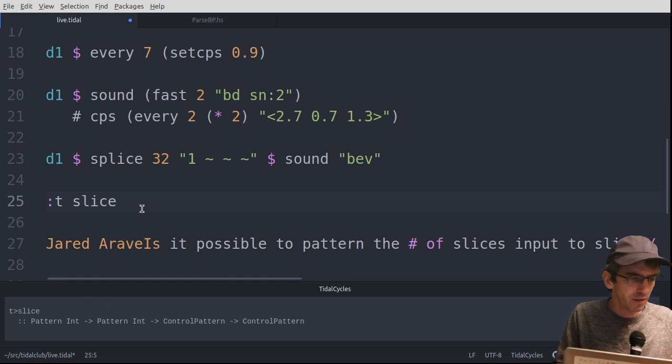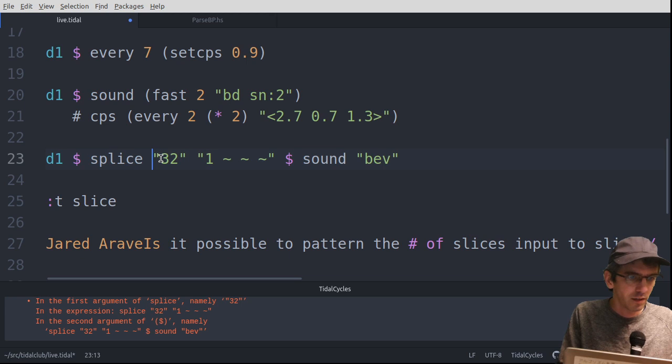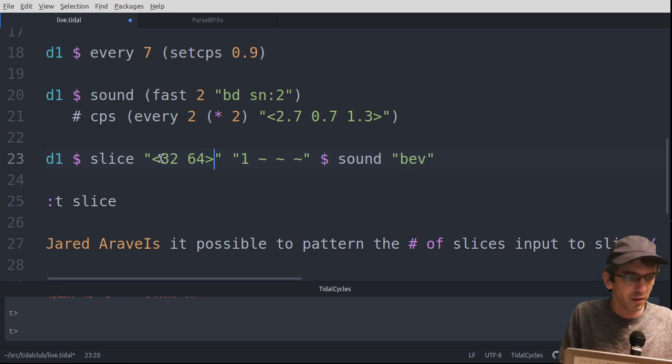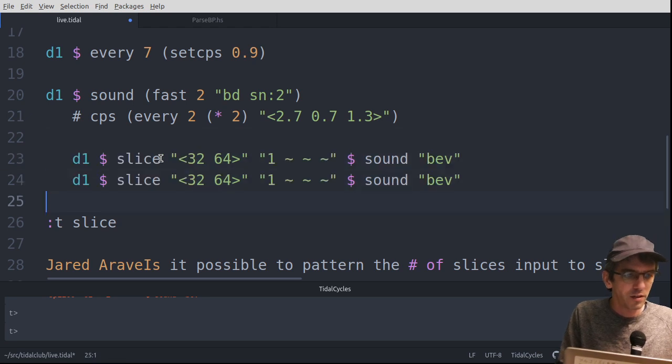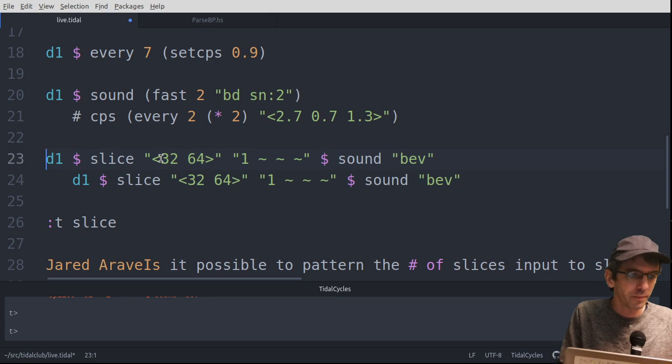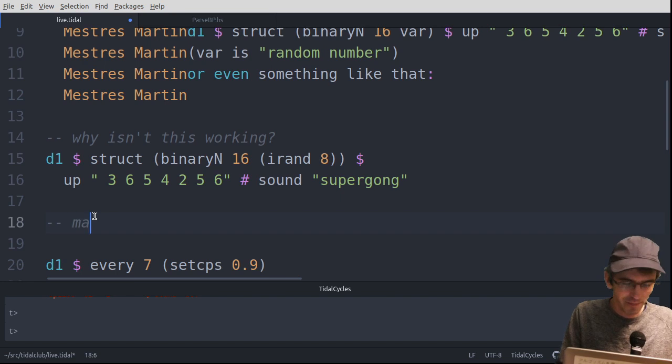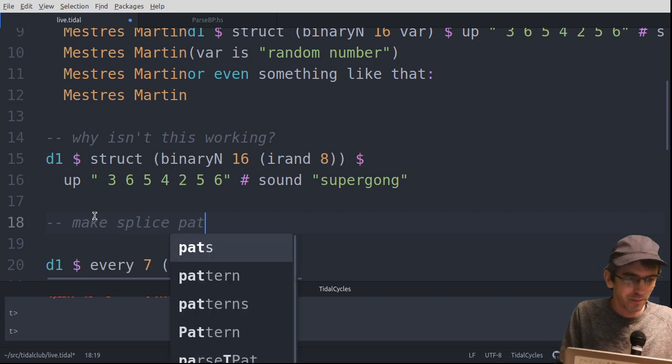Seems you can with slice, but not with splice. That's weird. So it seems if I put a pattern here, that won't work with splice, but it will with slice. Yeah, there's no reason for that. I'd call that a bug. So I'll add that to my to-do. So, make splice pattern.